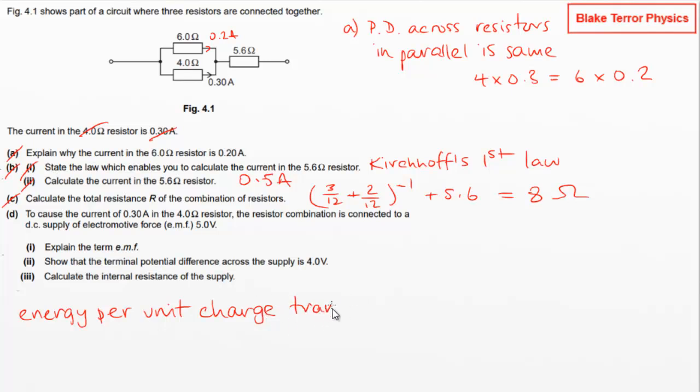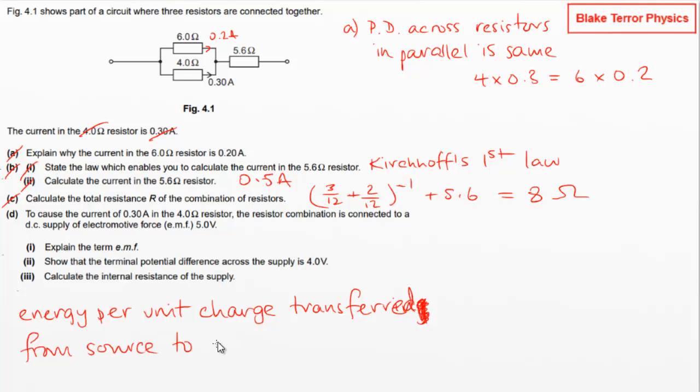Then we're transferring energy from one place to another. So if we're talking about EMF, it's energy per unit charge transferred. If we're talking EMF, we're transferring from the source to electrical energy. If we're talking about PD, we're transferring from the electrical energy to the component that's got the PD across it.